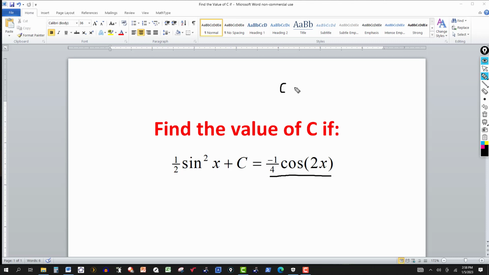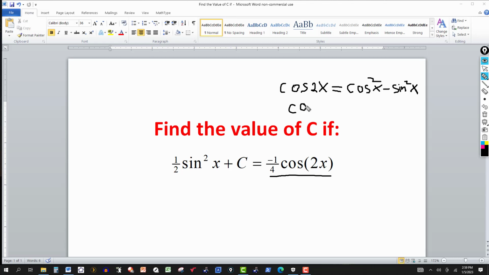For cosine 2x, there are actually three identities that go with this. You can have cosine squared x minus sine squared x, and then you can use one of the fundamental identities, the one where you have cosine squared of an angle plus sine squared of an angle equal to 1, and make a substitution for cosine squared on the right side or sine squared.